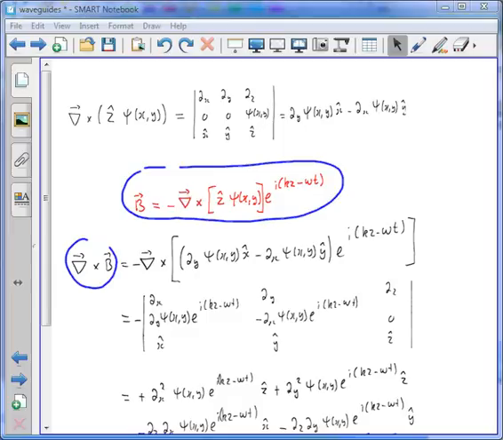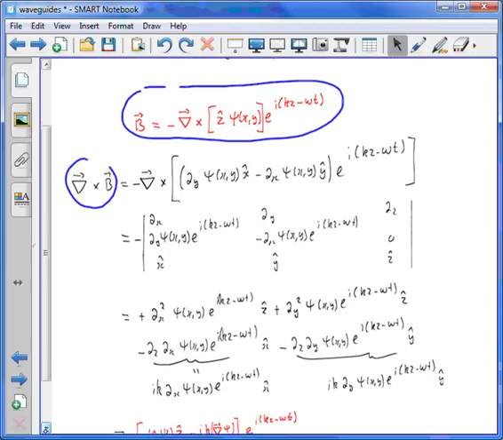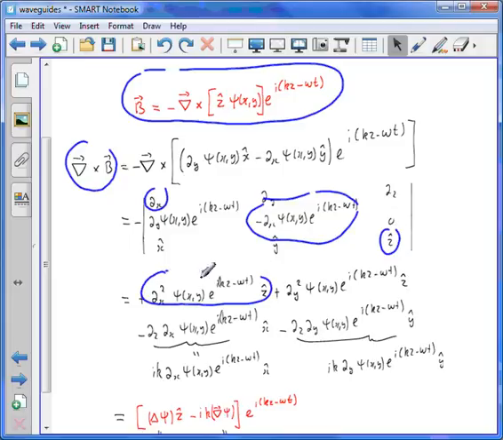So to take the curl, we can write it in the form of a determinant like above, and we're going to look at the terms of that determinant. The first term, let's use the color blue, is going to involve the derivative in x times this term here times z, and that's simply going to be the first term in z.